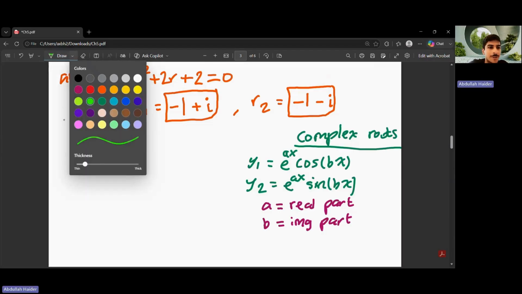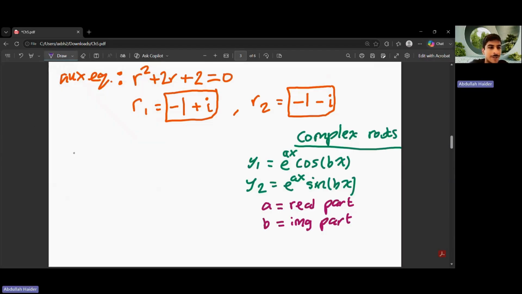So going back to the general form of the solution, y of x is equal to c1 y1 plus c2 y2. So our homogeneous solution is going to be c1 e power ax cosine bx.